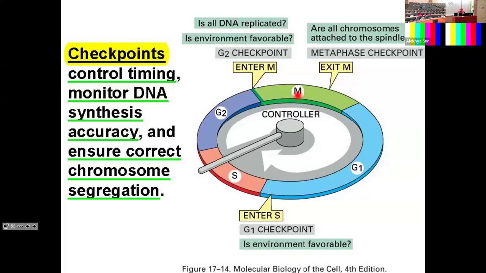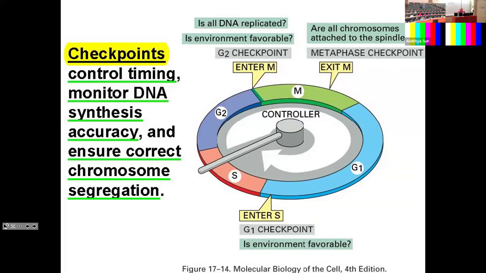And the other one is in the middle of mitosis, called the metaphase checkpoint, where the cell has to check with different signals that all the chromosomes are attached to the spindle. Remember, the chromosomes attach to the microtubules that are connected to the poles. So they will be pulled apart after metaphase, in anaphase, and then telophase.